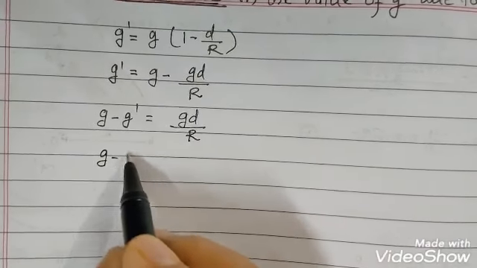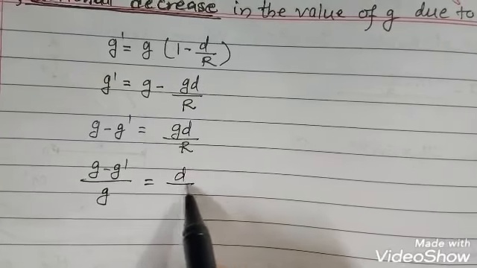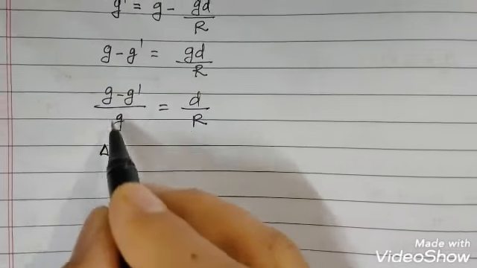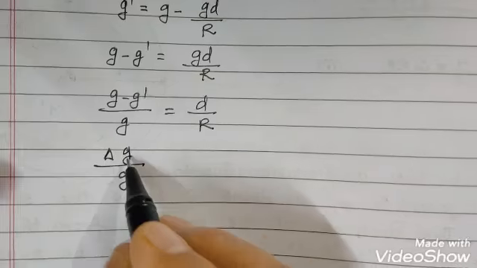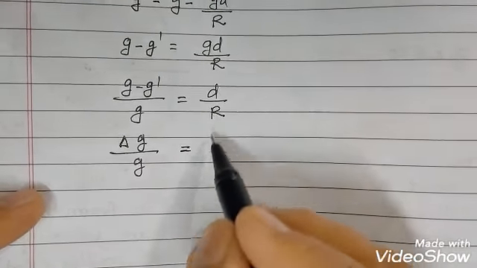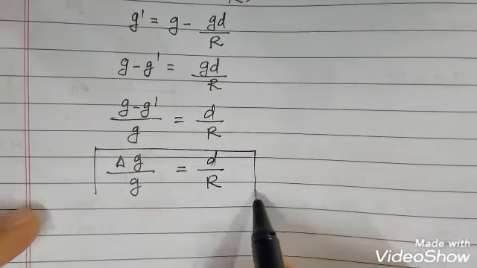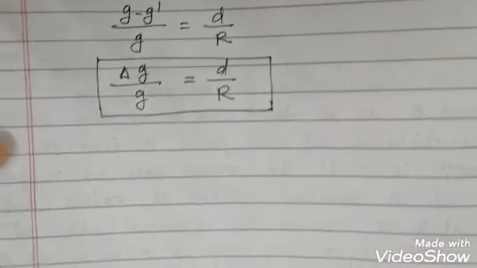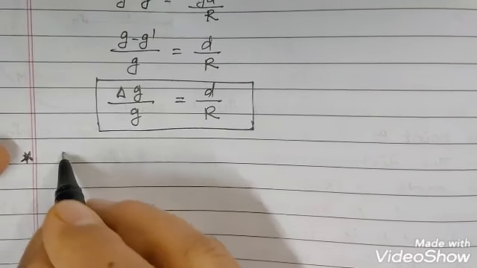So g minus g dash upon g is d upon r. So the fractional decrease, that is del g upon g, the change in g or variation in g upon original g, is d upon r. So the fractional decrease is given by this formula with the effect of depth.